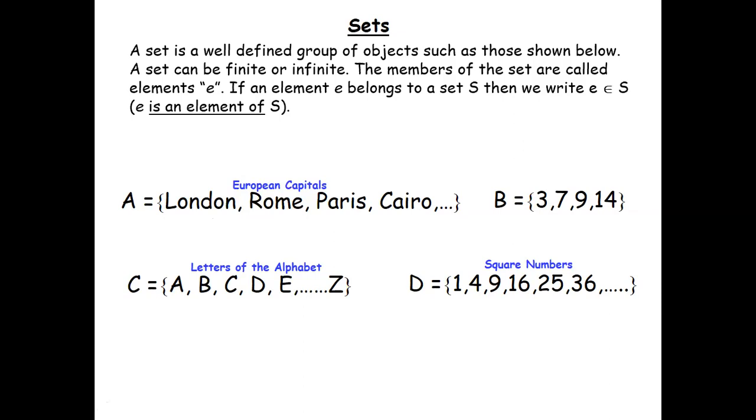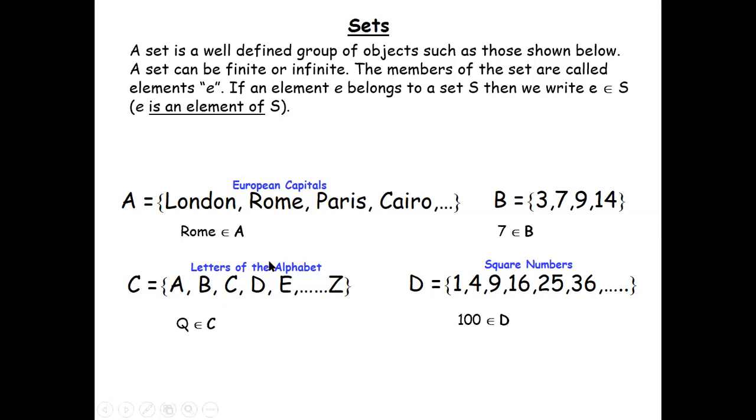So moving back, set C has these elements, which are basically the letters of the alphabet. Here D are the square numbers 1, 4, 9, 16, 25, 36. And as we said before, some sets are finite, there are only so many elements in that set, and some sets are infinite, they will go on to infinity.